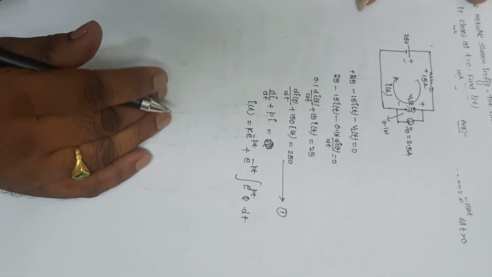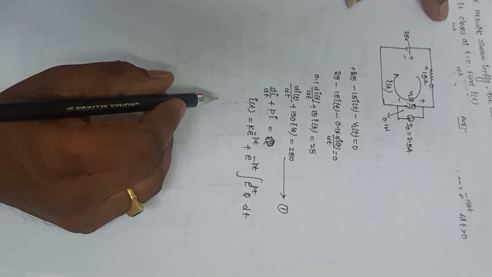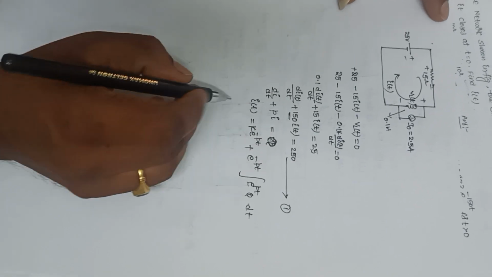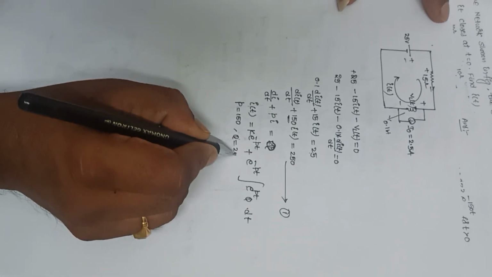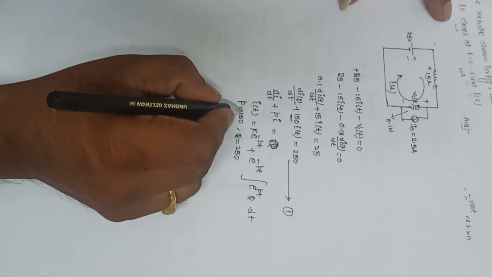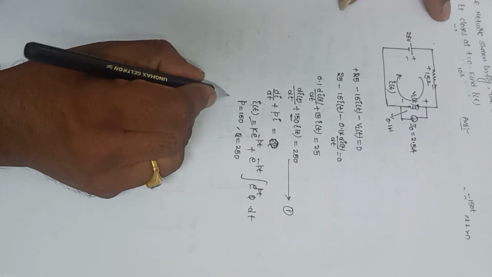So this is the solution for this type of expression. Here p is 150, q is 250. Substitute to get the solution I of t.